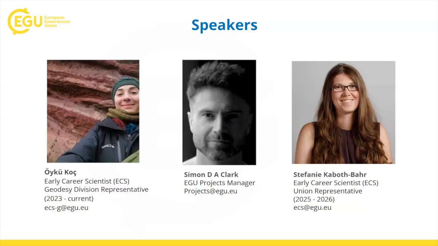We have Stephanie Kaboth-Ver, who is a professor in climate paleontology and is the early career scientist union representative for the coming year. So at the General Assembly, she'll step into the role and be representing early career scientists in the union for next year.